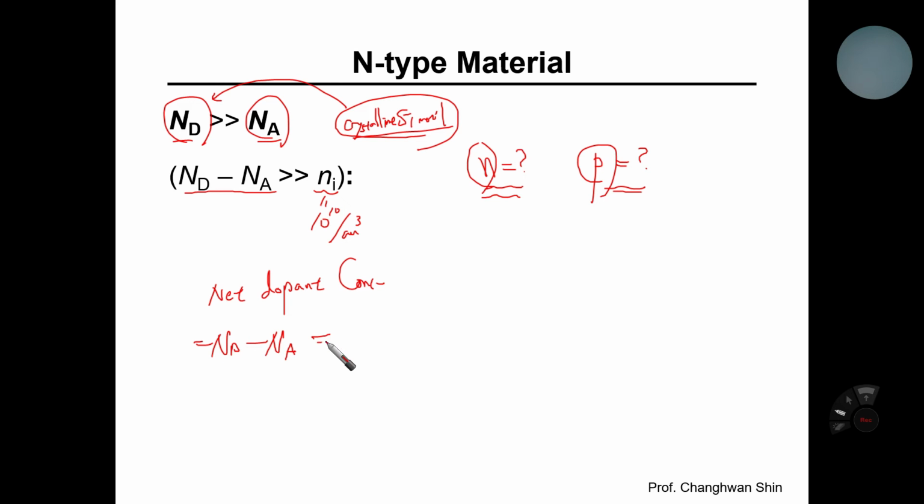Then some part of the donor will be compensated by the total amount of acceptor concentration. So the leftover of donor concentration will create the free electrons, right? So the electron concentration, small n, will be governed by Nd minus Na.